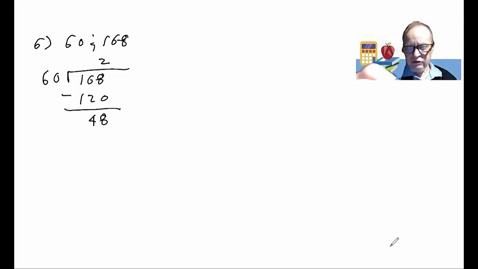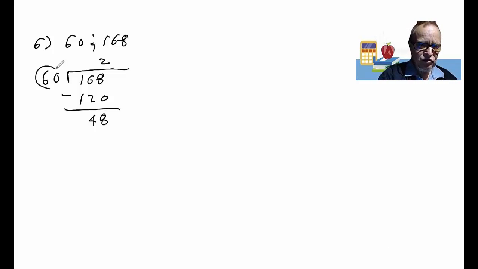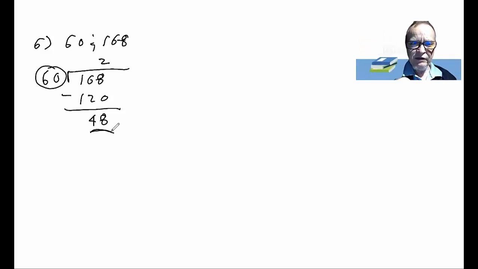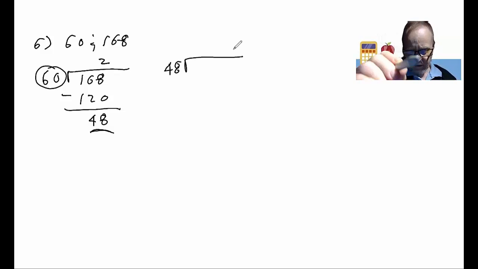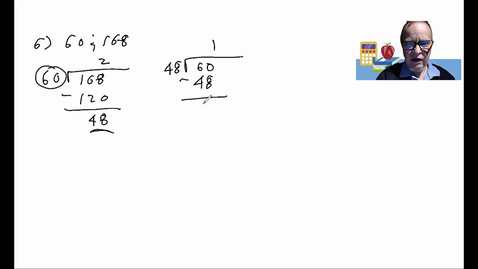Now we're going to divide the divisor, which is 60, by the remainder, which is 48. So that means we're going to have 48 divided into 60, and that only goes into 60 one time. So we have 48, and we subtract, and we get 12. And 12 is our remainder.